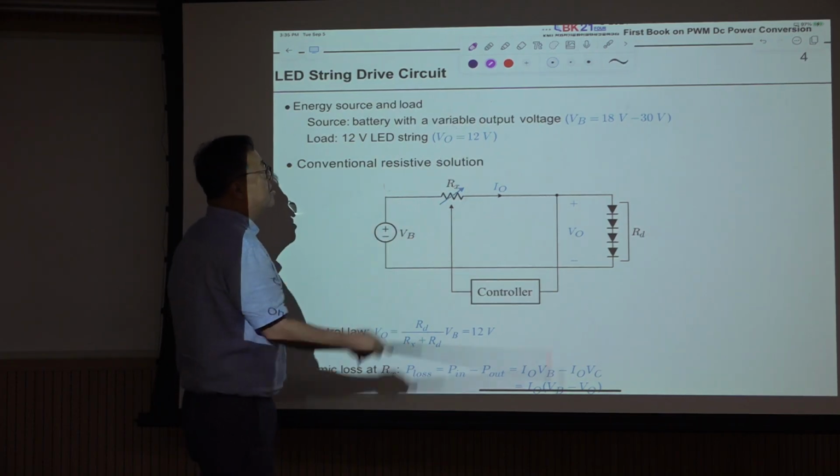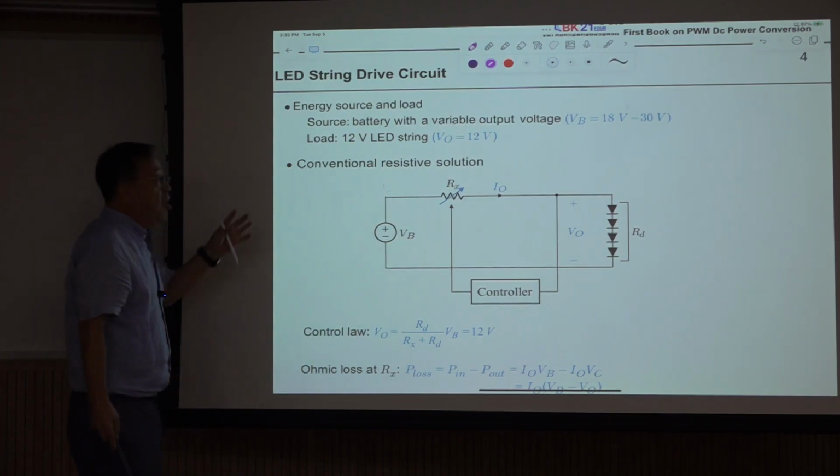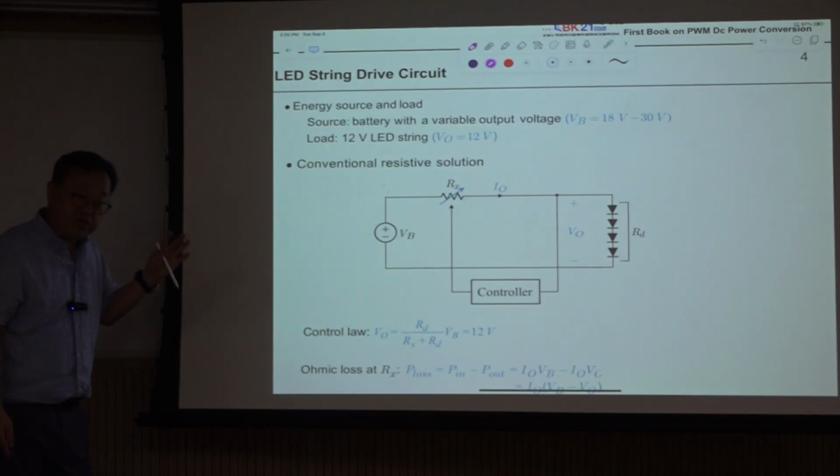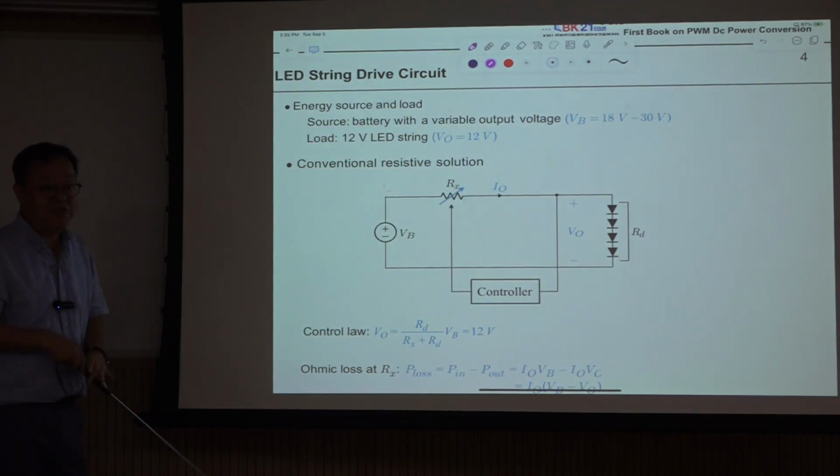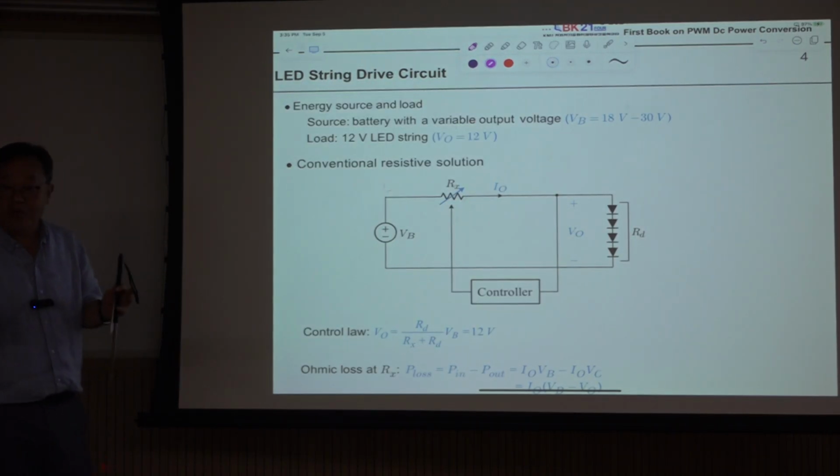It requires exactly 12 volt. That is the assumption. Practically, there is no such requirement in practice.